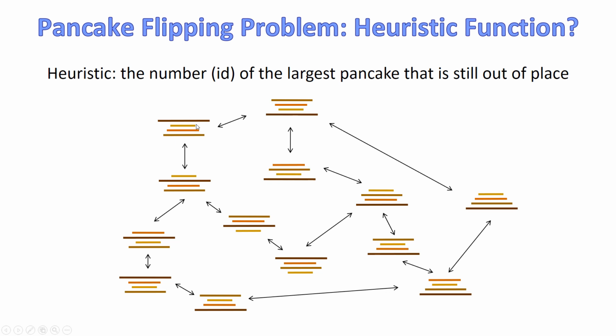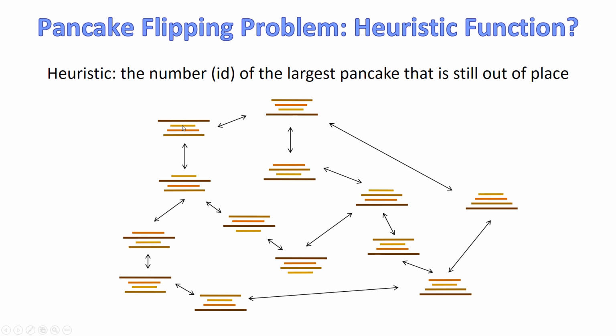So if we look at this state, the largest one that is out of place is this one, which has an ID of 4. If we order them 1, 2, 3, 4, the ID of this pancake is 4. So the heuristic function will give us 4 as the estimated cost.